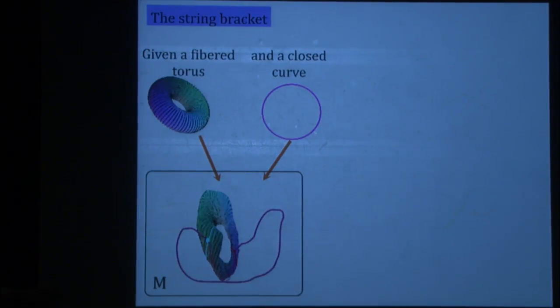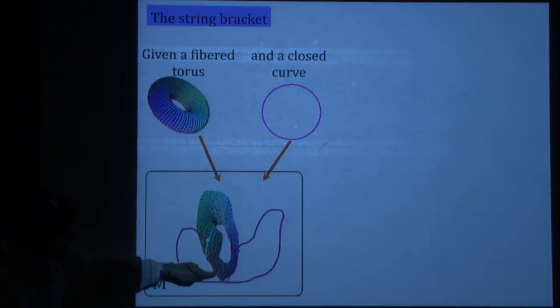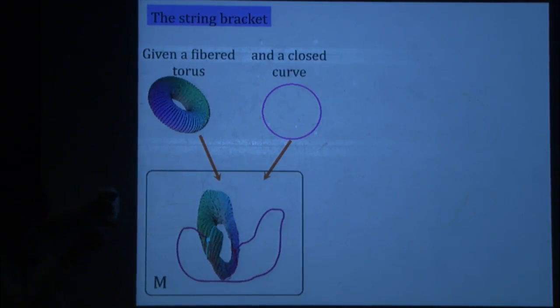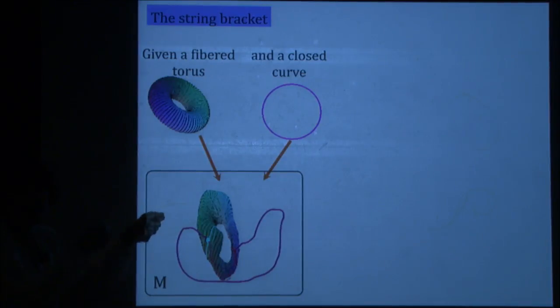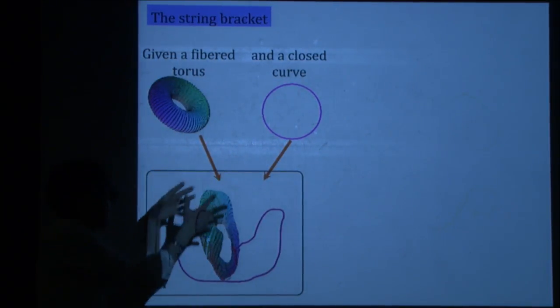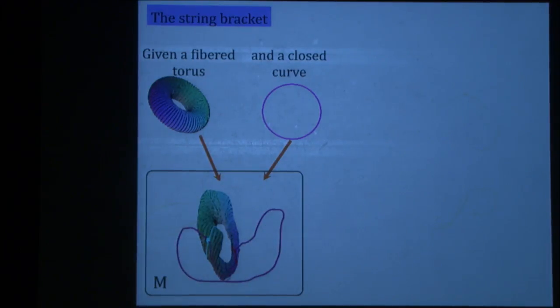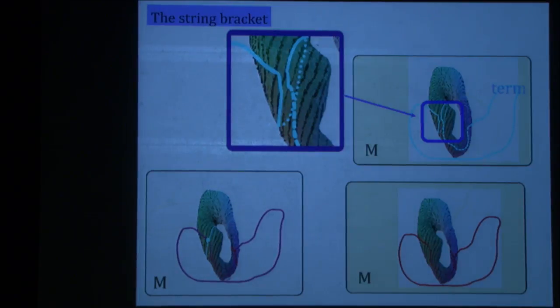This is transversality. When they intersect, remember that this torus is made of circles. So at each point of intersection, I can make the little surgery I did for the bracket, and that's a linear combination. So the torus and the circle give me a linear combination of curves.